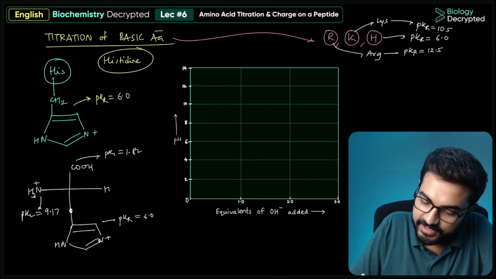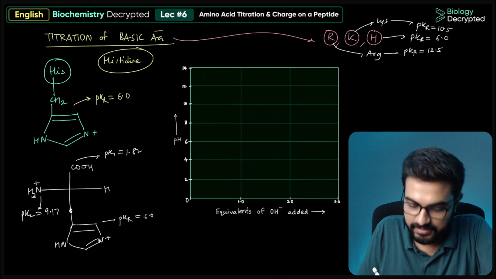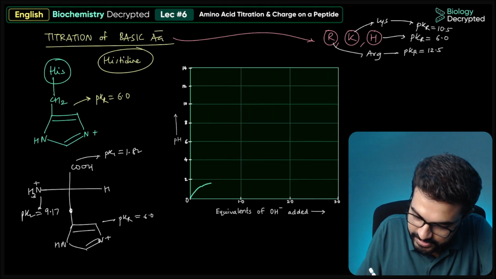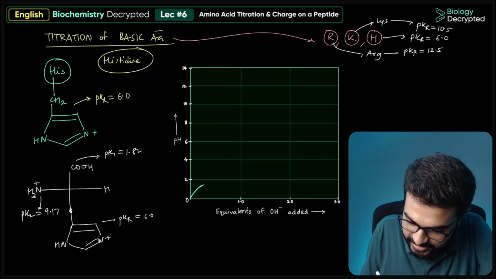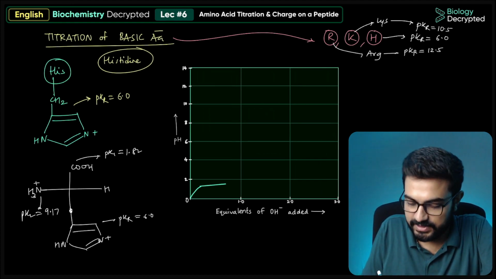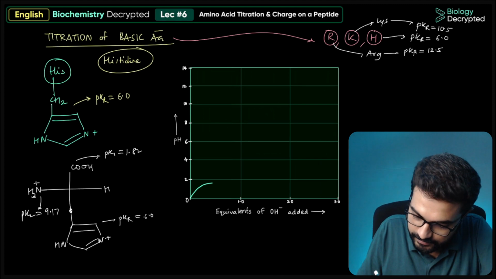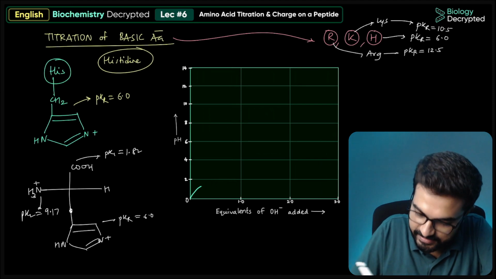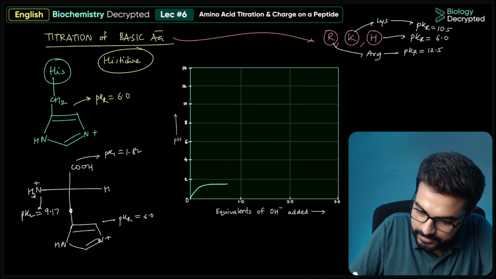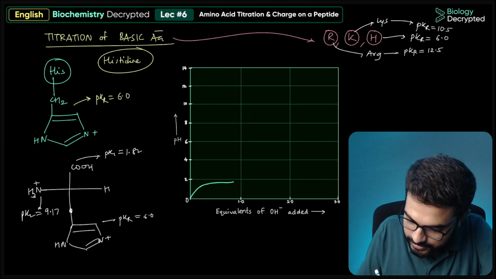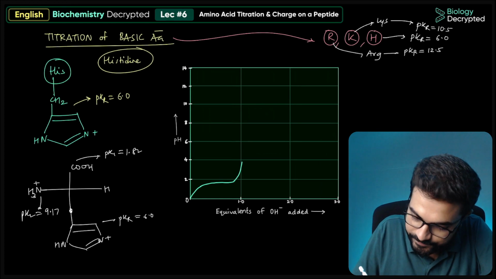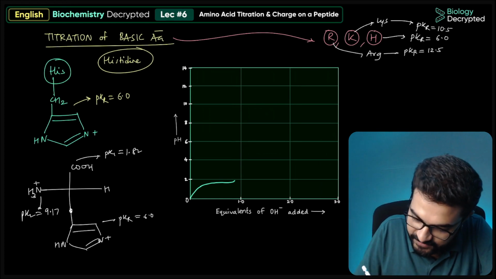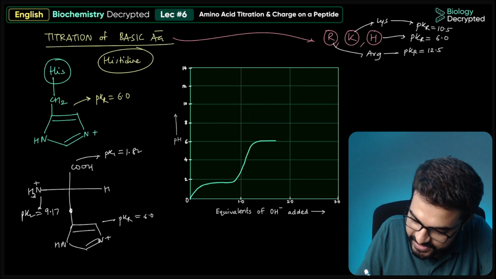Well, what happens here is this first ionization occurring here. This is pK1. Then there is this rise. And we are coming to pKr, that is at a value of 6.